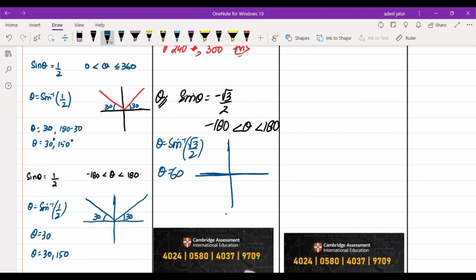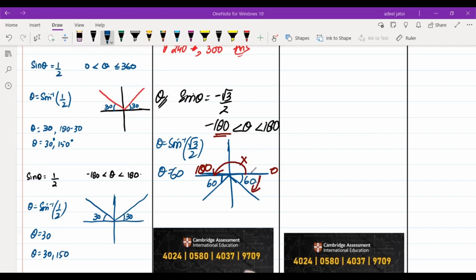Since it was negative root 3 upon 2, negative quadrants will be used for sine. Sine is negative in the third and the fourth quadrant. Your basic angle is 60. But at the moment, what you need to understand is that this is 0, this is 180. So if I go anti-clockwise to 180, there is no angle. But since it is negative, we'll go clockwise.